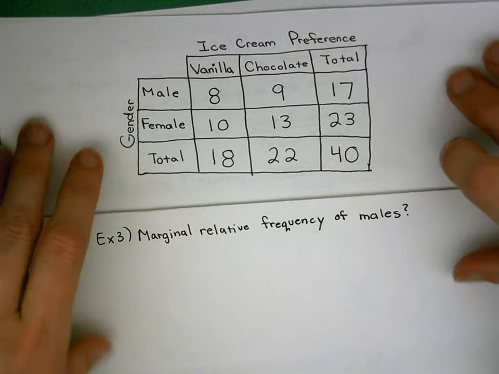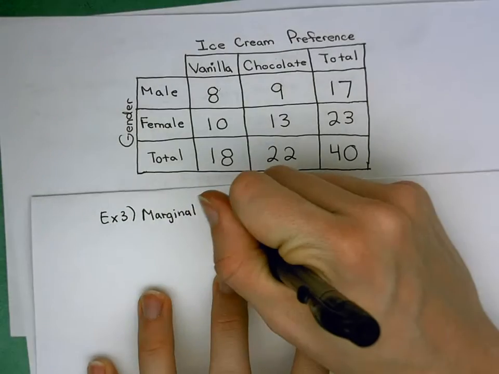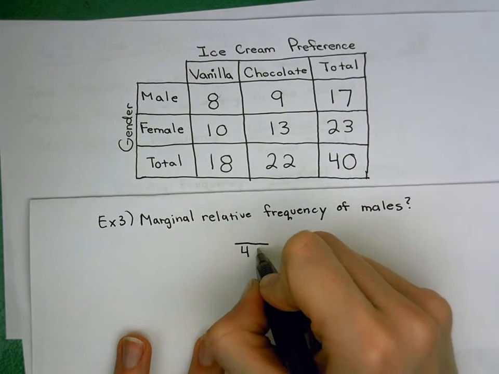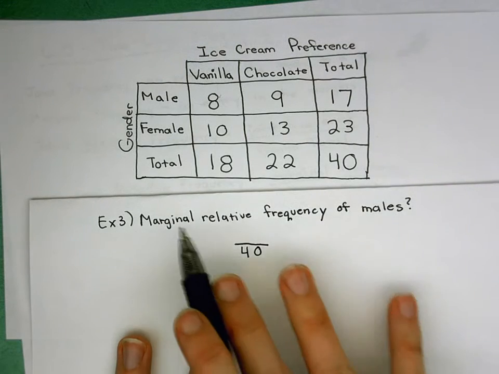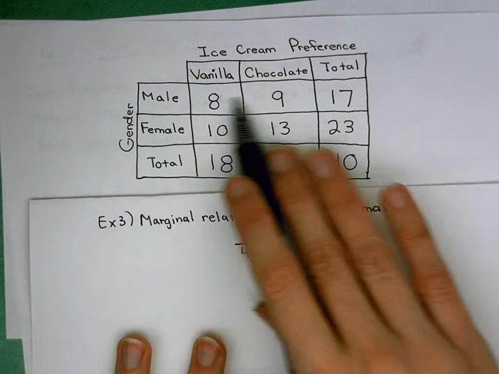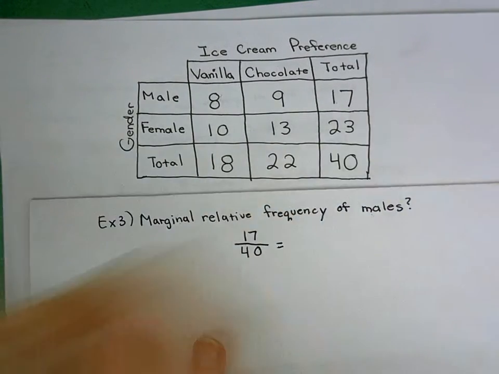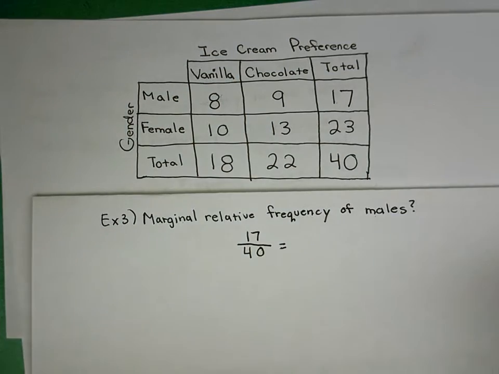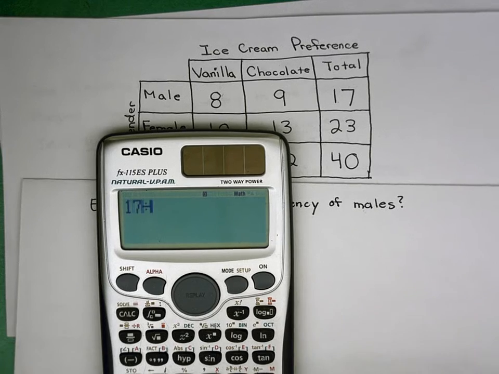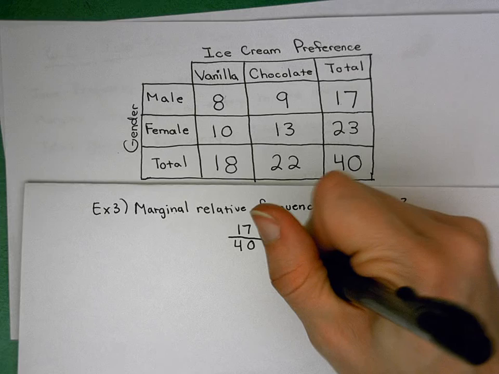Marginal relative and joint relative are both divided by the grand total. My grand total in this case is 40. And we want marginal of males, and here's male, its marginal is 17. So we're going to be doing 17 divided by 40. When we do that, we get 0.425.